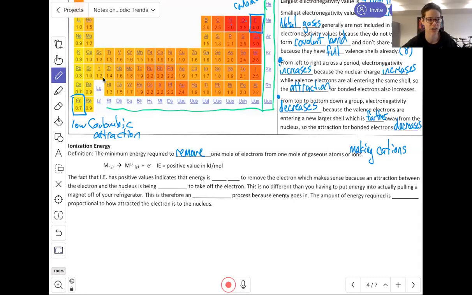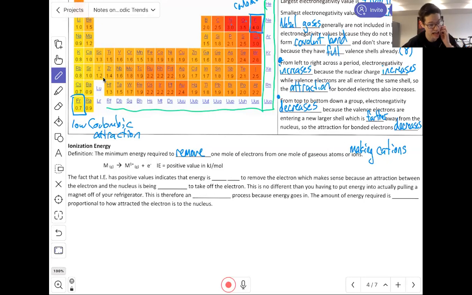So are we going to imagine that the left-hand side has high values for this or low values for this? Low, because to make an ion requires energy. So if you make ions easily, then it shouldn't require very much energy.